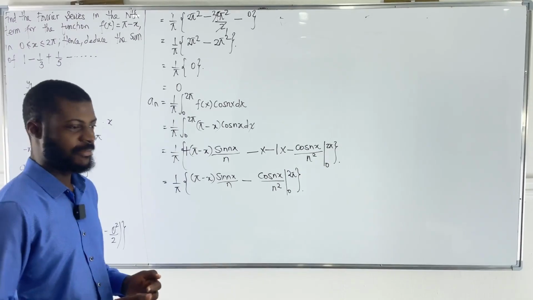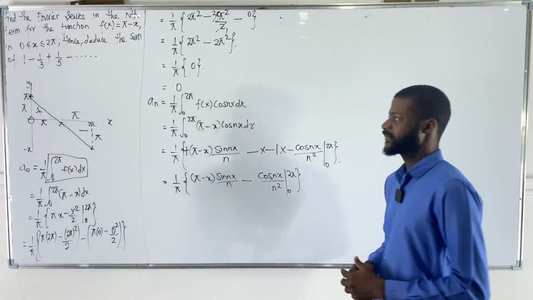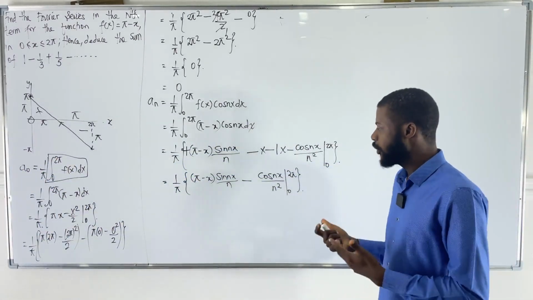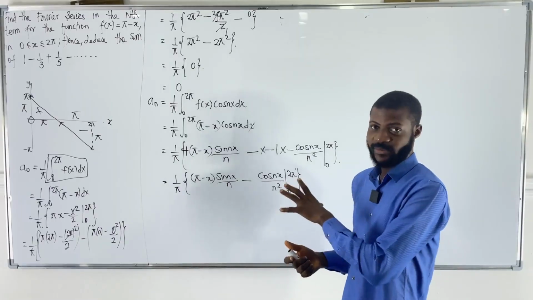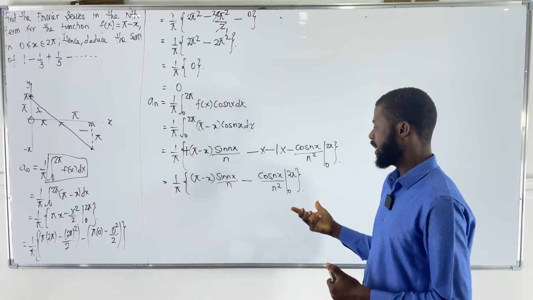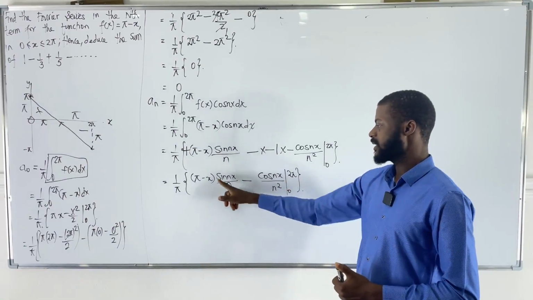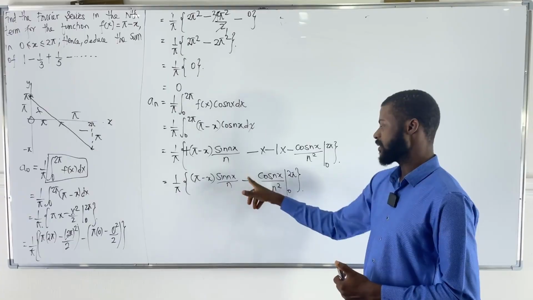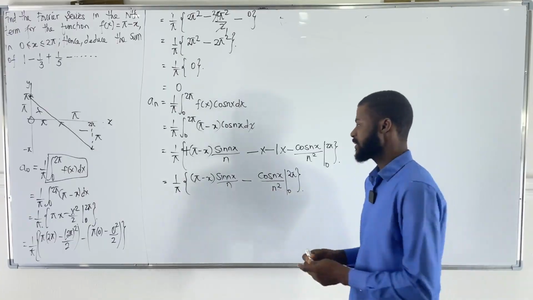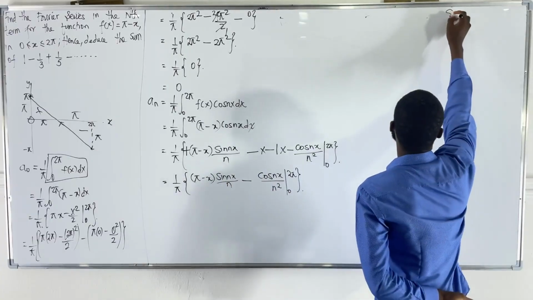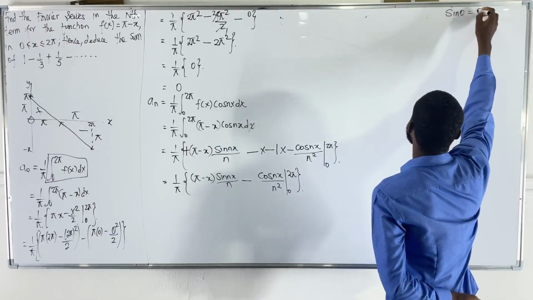Now, if you want to solve something like this, what we're going to do next is put our values here. Anywhere we see x, we're going to put 2 pi. Anywhere we see x, we're going to put 0. But remember that sine 0 is 0.